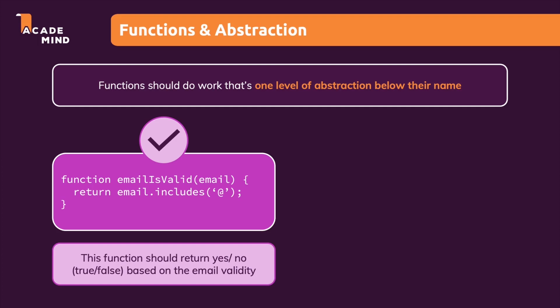But writing this low-level code here is no problem because understanding it is quite easy because of the function name of the function in which we write it. The function is named email is valid, so it's clear that we're doing this low-level work to get an answer to this question.